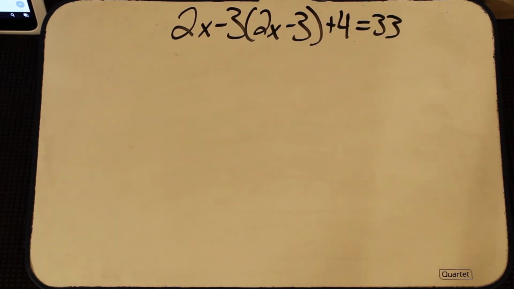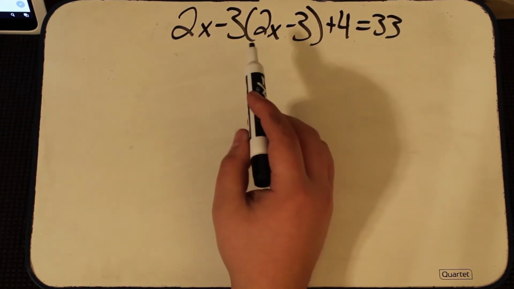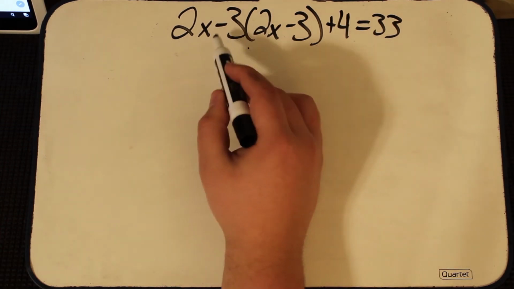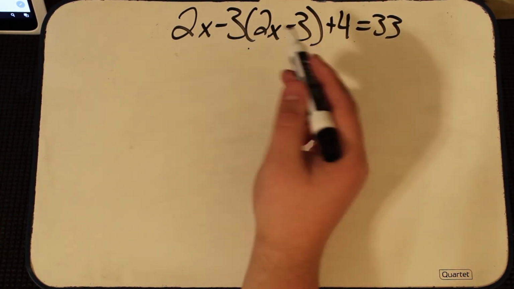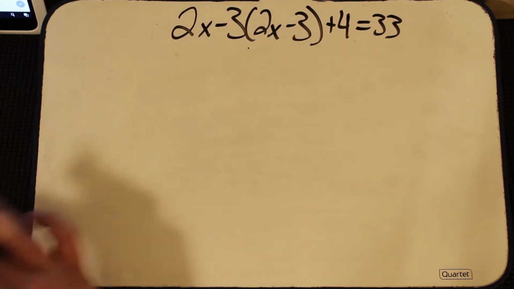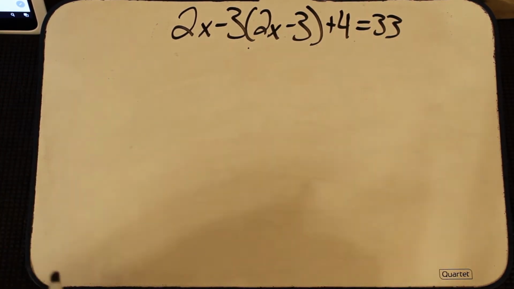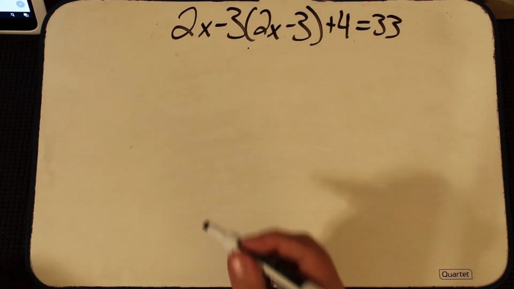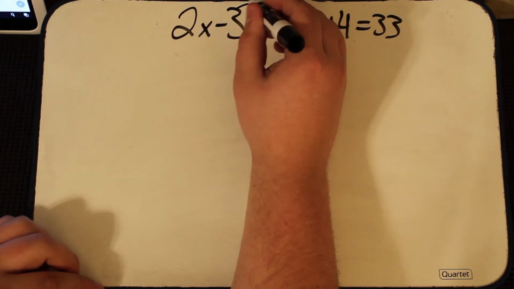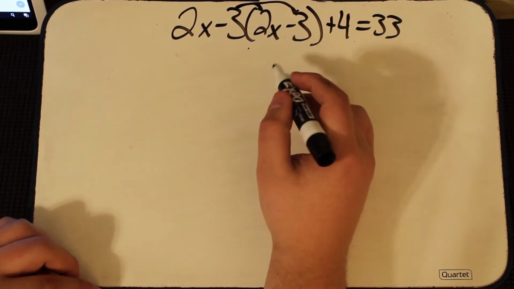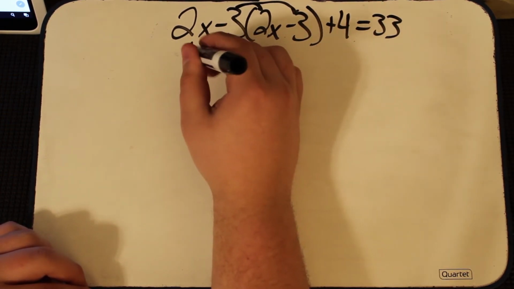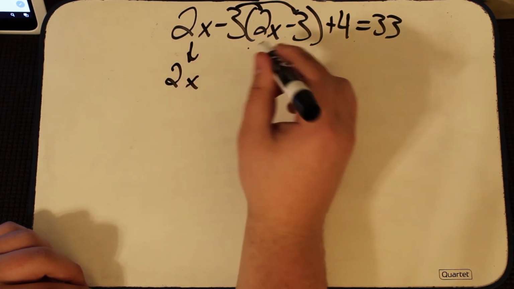First thing that I want to do is distribute that negative 3. Notice I said negative 3 because it's got a minus in front of it, and we're going to treat it like that. It keeps our signs in order, and it makes it a little easier to work with. So if I distribute this negative 3 into this quantity, this 2x is going to drop down.